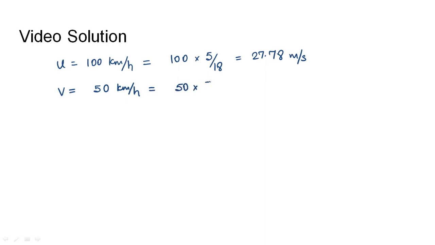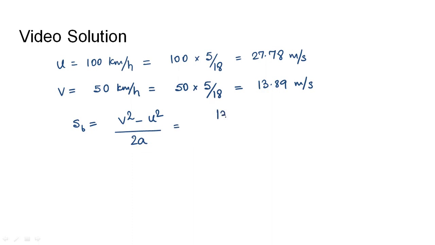So converting this to meter per second using 5 by 18, we would get 13.89 meters per second, which is our v value. So we know that the braking distance is given by v square minus u square divided by 2a. So substituting the values, here v is 13.89 whole square minus 27.78 whole square divided by 2 times the acceleration.